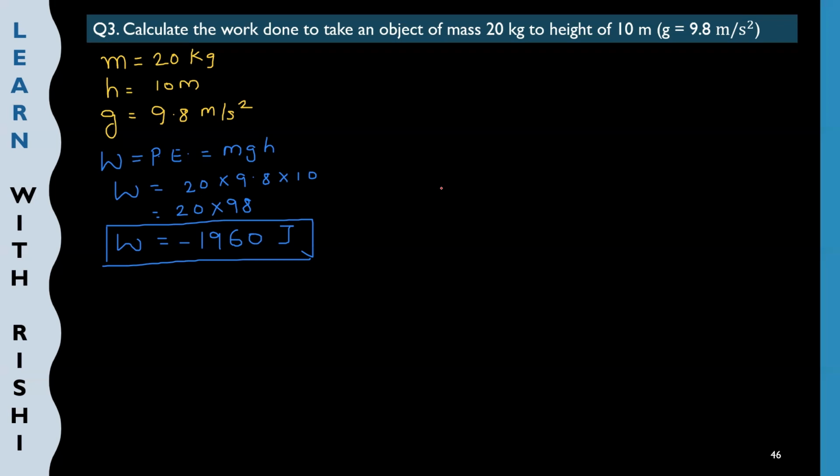So this work done is against the gravity, as you are taking the object from surface to a certain height. So here we are going to mention this negative sign. So I will mention here this negative sign indicates work done is against gravitational force.